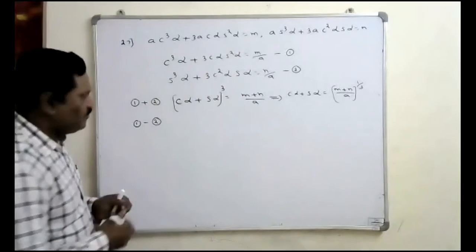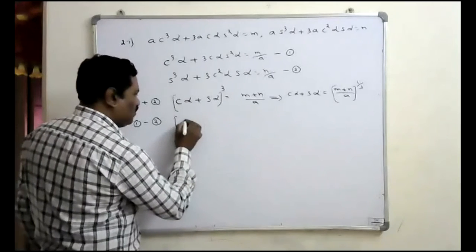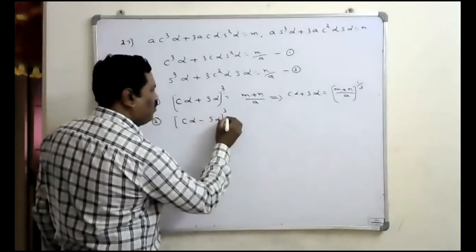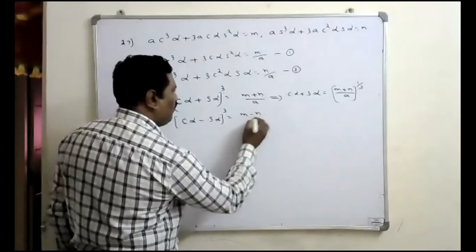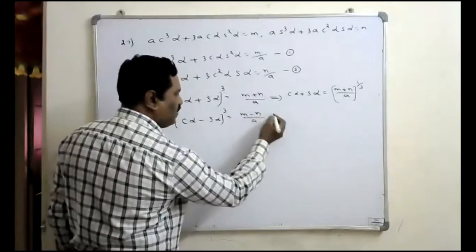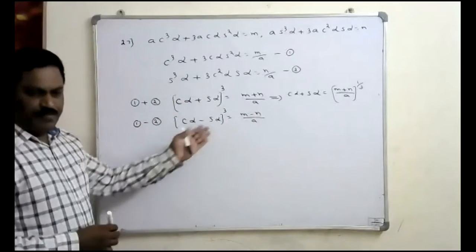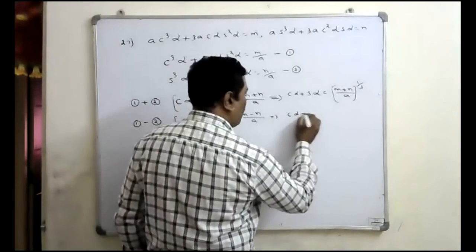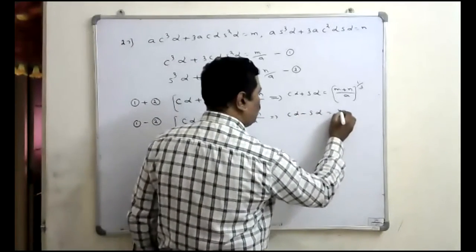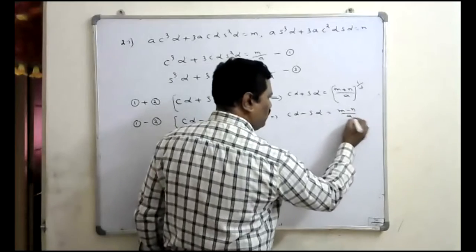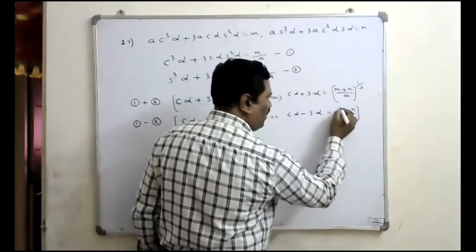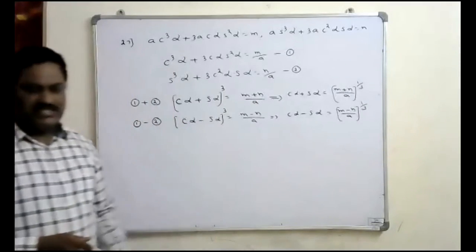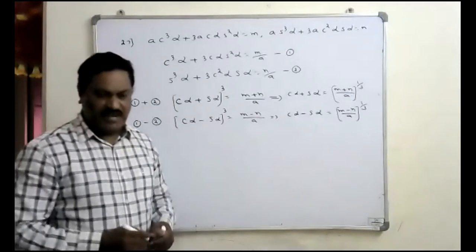So cos alpha minus sin alpha whole cube is equal to m minus n by a. Here also, sending power 3 to the other side, we get cos alpha minus sin alpha is equal to m minus n upon a whole power 1 by 3. These are the two equations we got in terms of cos and sin.